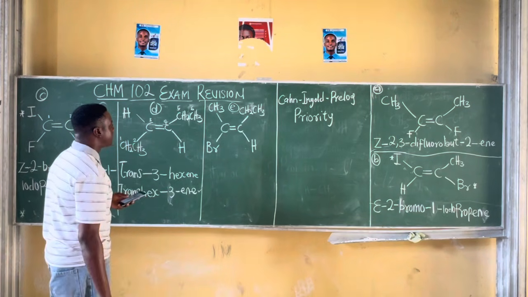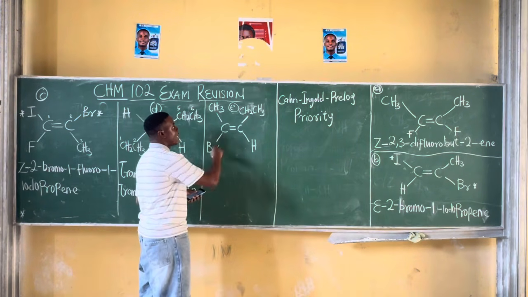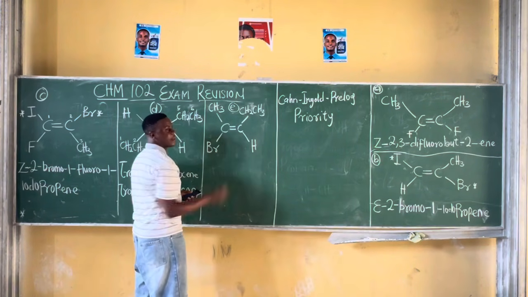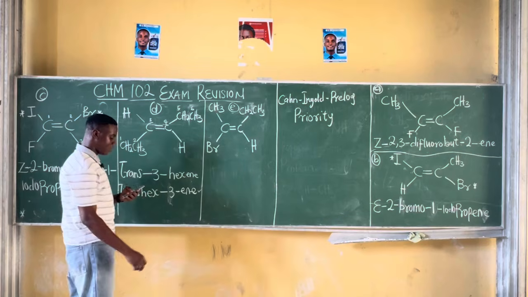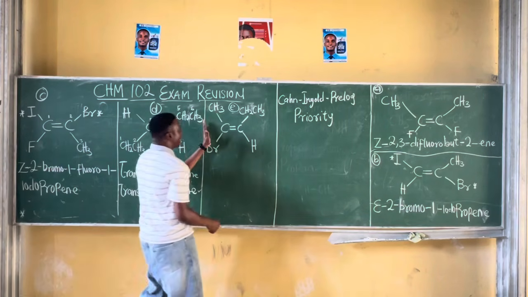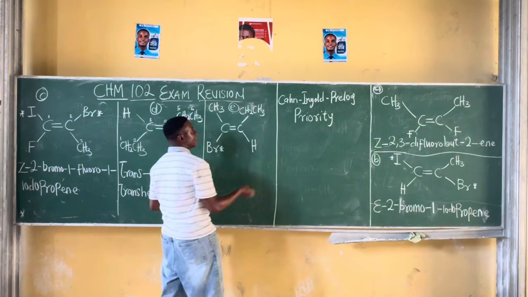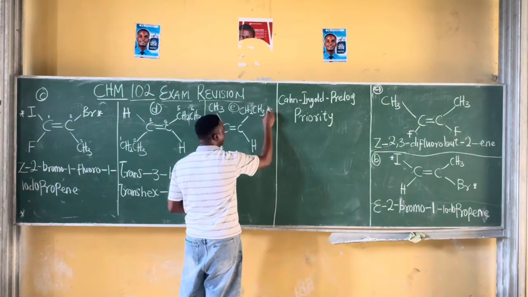So now we have to assign priorities because you are seeing that we have a bromine group here, right? So we have group 1, group 2, and group 3. So we have to assign priority. Okay? All right. So now, of course, on this carbon, the priority comes to what? Bromine. Now on this one, the priority comes to this ethyl group.